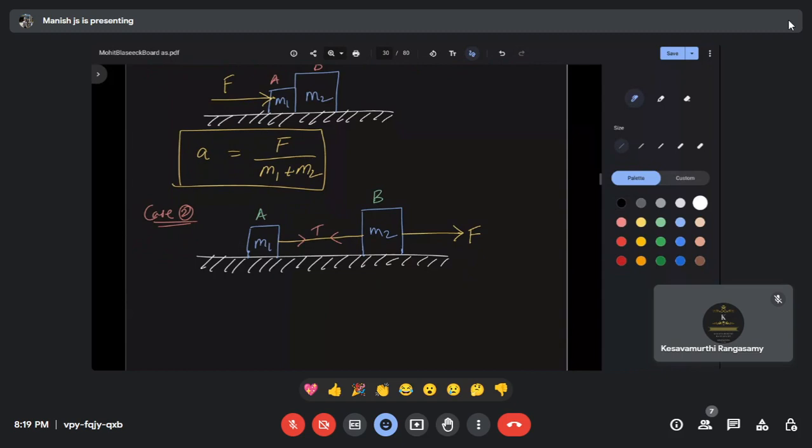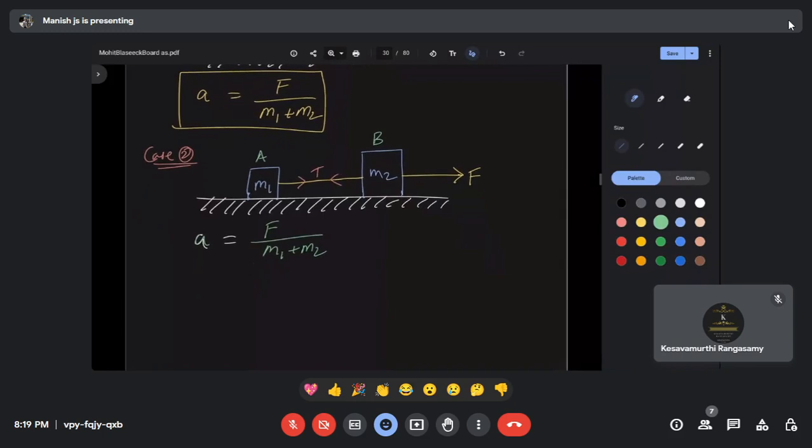Then what would be the relation for acceleration? The acceleration relation is no doubt the same thing, because force equals mass times acceleration. So I can simply say A is equal to F upon M1 plus M2. There is no change in this. But what would be the tension? The relation for tension. It would be, because you can see that there is a direct contact with the force on block M2, we can write tension as M1 times F upon M1 plus M2.